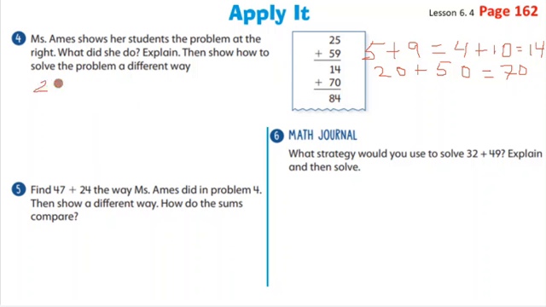So we have 25 plus 59 equals something. Well, I want to switch it around just to make it a little bit easier for me to sort out my larger numbers. So I have 59 plus 25.